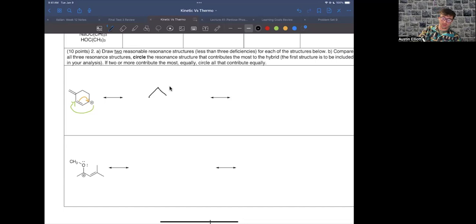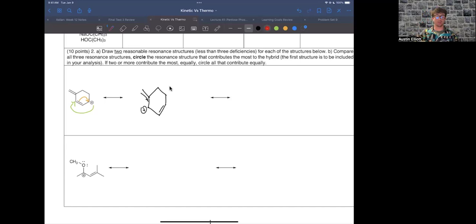So our resonance structure looks something like this, just like that.